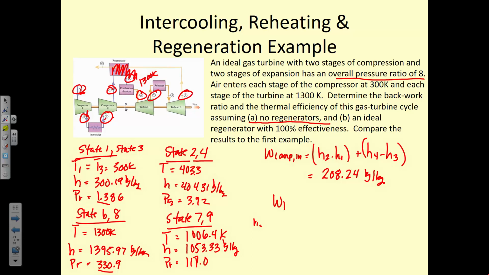The work of the turbine out is equal to H6 minus H7 plus H8 minus H9.